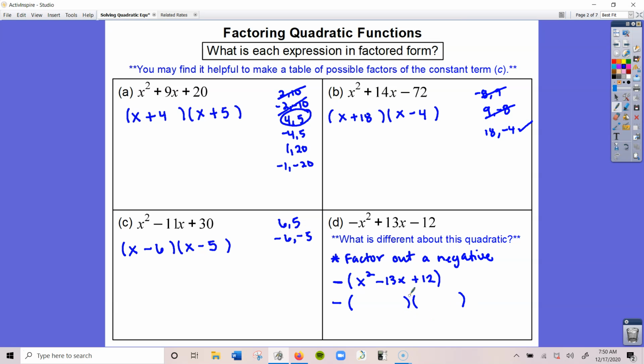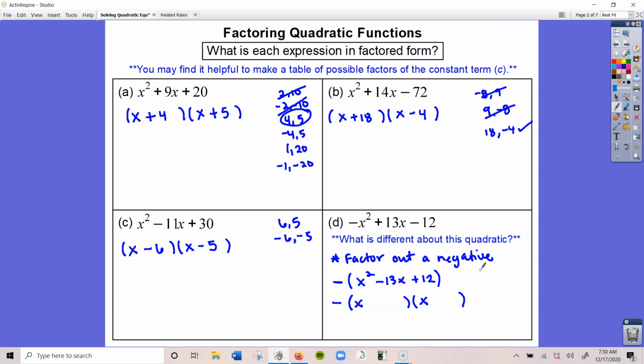And I have to think of the two numbers that would multiply to give me a positive 12 and add to give me negative 13. So since this is positive and this is negative, that means that both of the numbers that were multiplied must have been negative. So that way when you add them, you get this negative answer. And when you multiply them, you get the positive 12. Two numbers that multiply to give me 12 are negative 4 and negative 3.